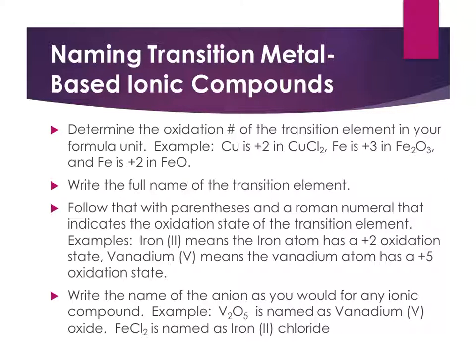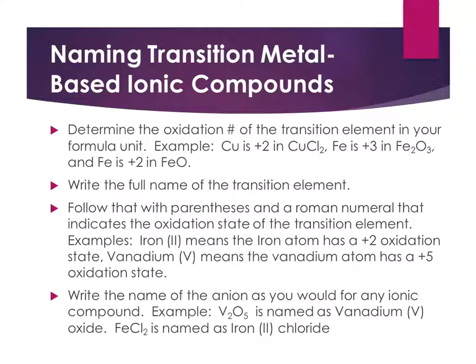Now we're going to do the same thing as before and write the full name of the transition element. If it's iron, we'll just write iron. If it's copper, we write copper. Then we follow that with parentheses and a Roman numeral that indicates the oxidation state of that transition element in that compound.